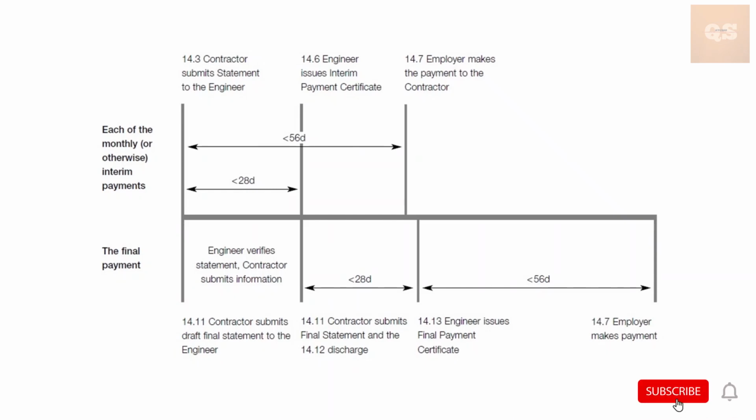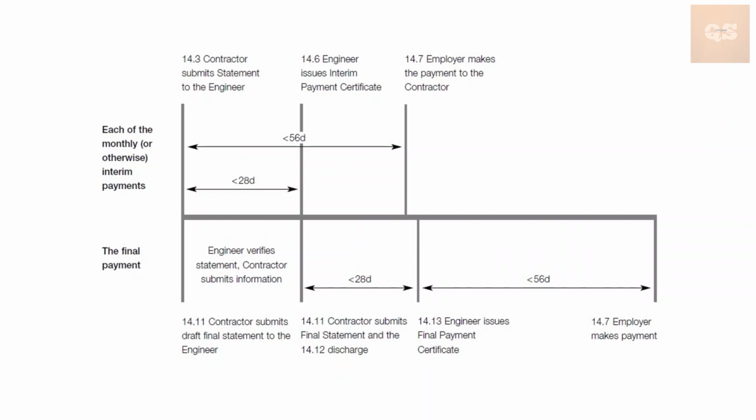In today's video, we'll be looking into the different clauses by which payment applications are submitted, certified, and paid as per the FIDIC contractual conditions. Now, we all know that mainly there are two types of payments in any construction project.